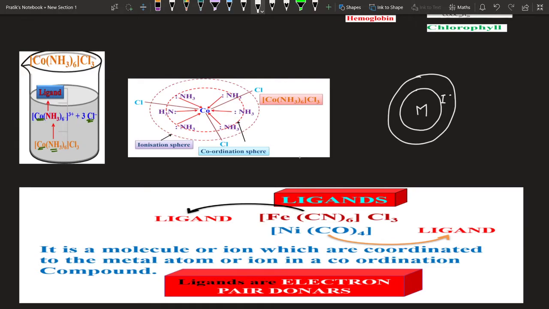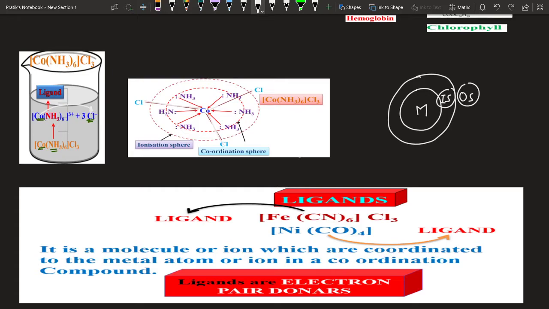So in a coordination compound, the central metal atom consists of two spheres. One is referred to as the inner sphere and one is referred to as what? Outer sphere. The outer sphere is the ionizable sphere and the inner sphere is what? Non-ionizable sphere, student. Like if you see, the bond between cobalt and chlorine breaks. So the chlorine attached to the cobalt has what kind of bond?